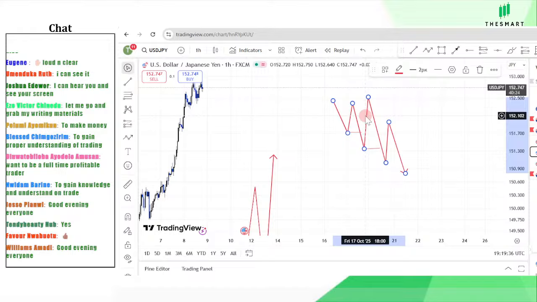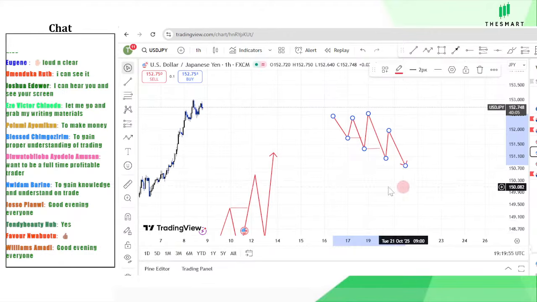You will understand it when we get into more complex setups, but I just want you to understand the basics, because it's from the basics that we'll get into the complex setups. I believe you now understand what we mean by a bullish market and a bearish market.